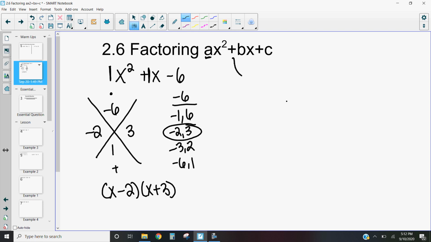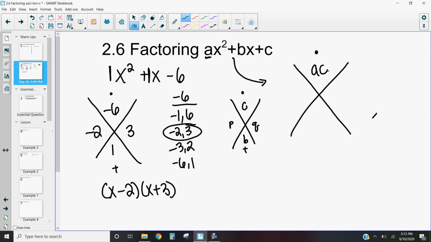When we have something where a doesn't equal 1, we have to adjust our x a little bit. In the previous video, we talked about it looking like this, and then we have our p and our q. What we're going to do now is that a actually affects our c. So how I'm going to set up my new x is I'm going to do a times c.